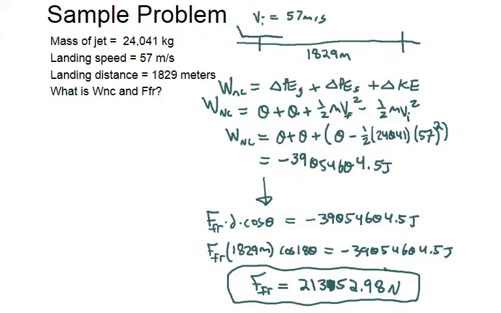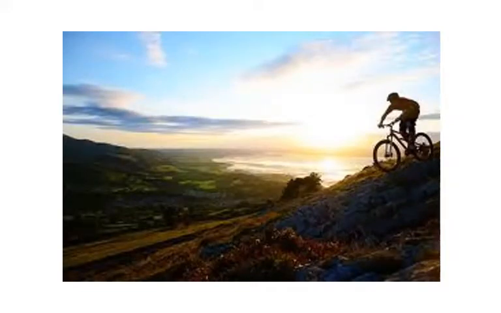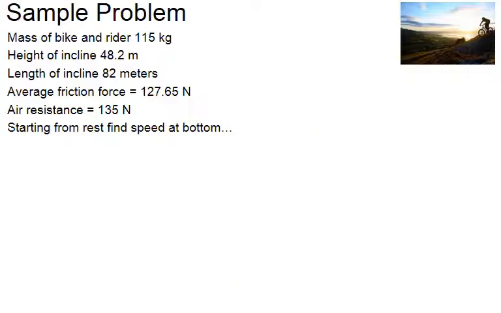So this one's similar to the last problem, but in this case we're just dealing with pure kinetic energy change. So if we consider this bike rider going down this incline, let's say we've got the mass of the bike rider, we have the height of the incline here, we have the length of the incline, which is 82 meters. We've got, let's say, a frictional force of 127.65 newtons, as well as an air resistance force.